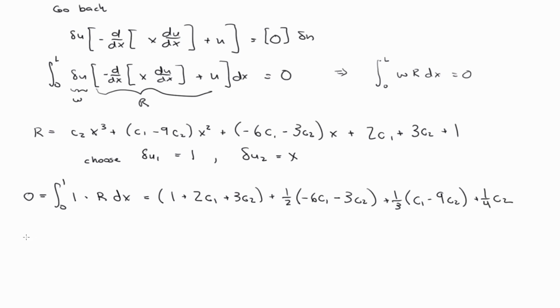So there's one equation. I'm integrating it over the domain, so the x's go away. So then I have one equation. Then I'm going to do the same thing for the second equation. The second equation is the second weight, x, times the residual.